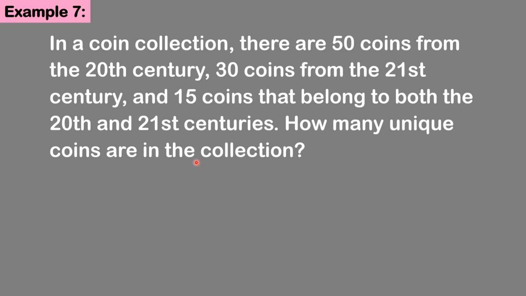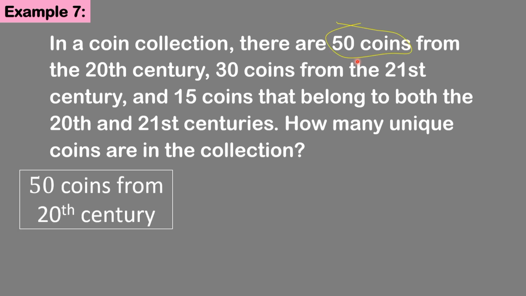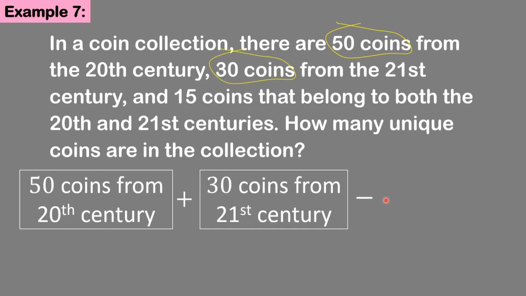Applying the principle of inclusion and exclusion, because there is an intersection or common elements in both sets, add 50 coins from the 20th century and 30 coins from the 21st century, minus the 15 coins that belong to both centuries.